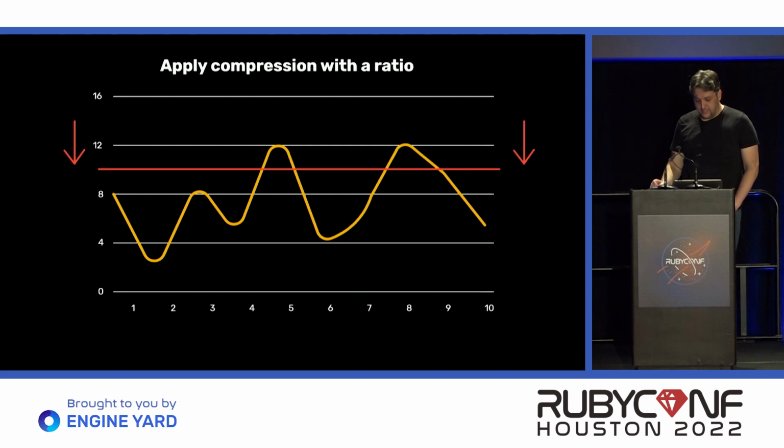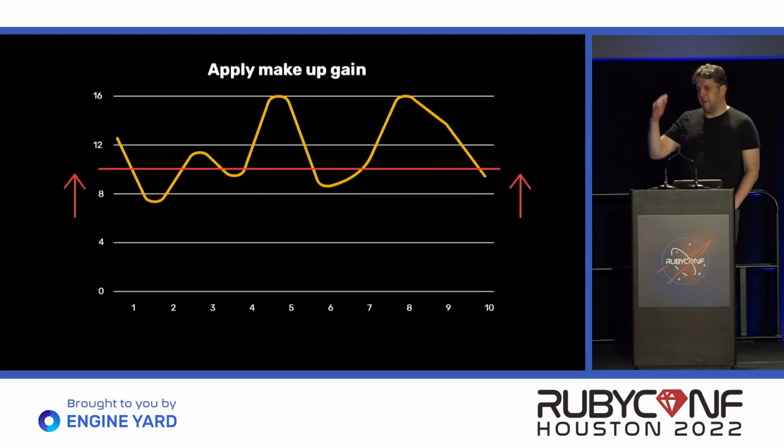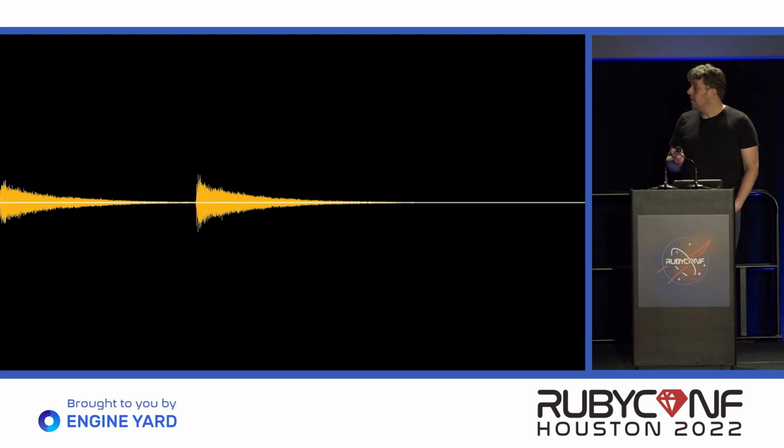And next up, we can apply what's called makeup gain. Because we lowered the peaks, we are now able to bump up the volume on all the samples without actually hitting this clipping limit that we saw earlier, and that will change the waveform.